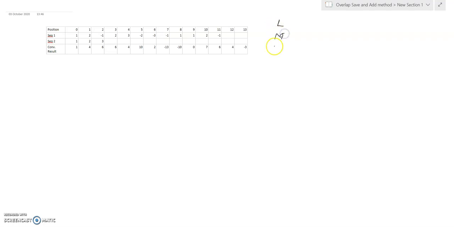Now M is going to be the length of the shorter sequence. So here the shorter sequence is of length 3, so I'm taking M to be equal to 3.